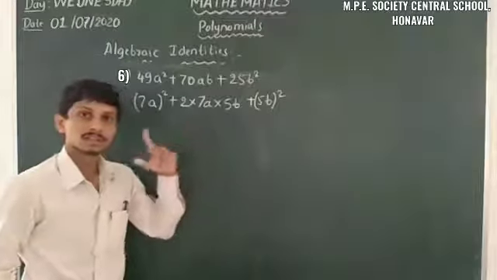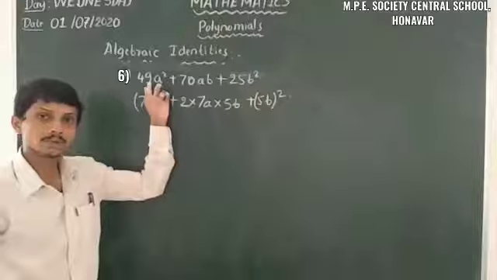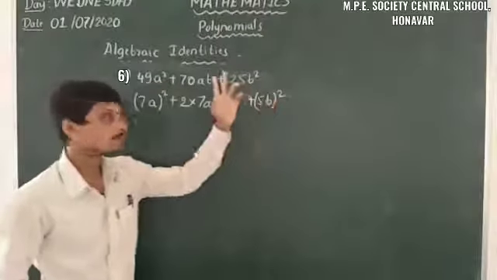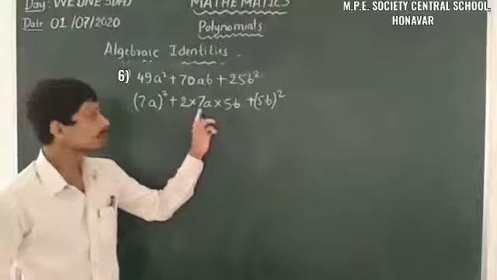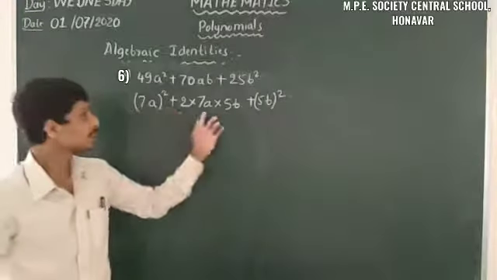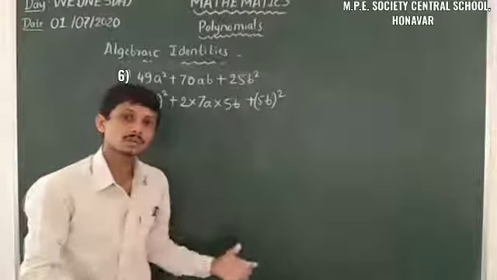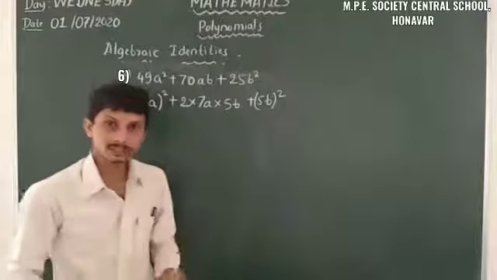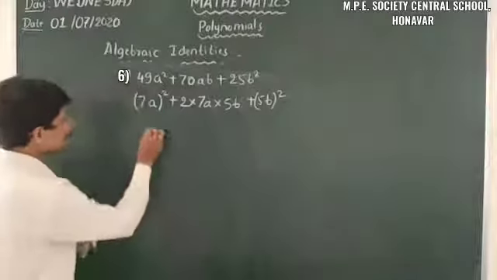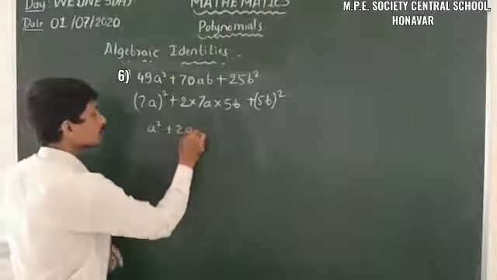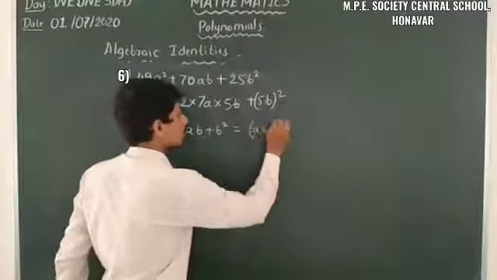Let us check whether it is right or wrong. (7a) whole square means 49a square, then (5b) whole square means 25b square. Again, check here: 2 into 7 is 14, 14 into 5 is 70ab. This is right. So we take one of the algebraic identities as a reference and express the expression in that form. We know that a square plus 2ab plus b square is equal to (a plus b) whole square.